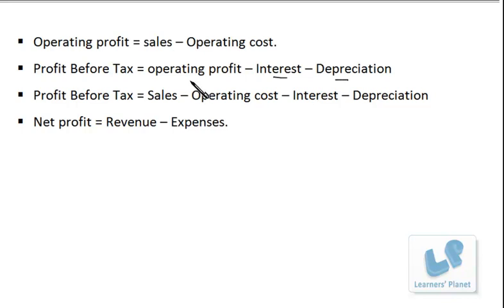Maybe they are borrowing the amount as loans from banks, right? If they are borrowing from a bank, then definitely they have to pay interest, right? Whatever profit they are making is only the difference of selling price minus cost price.